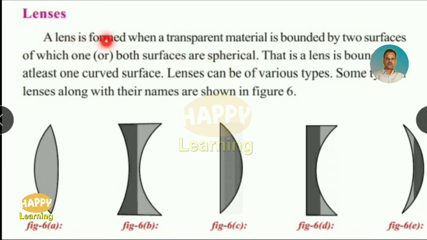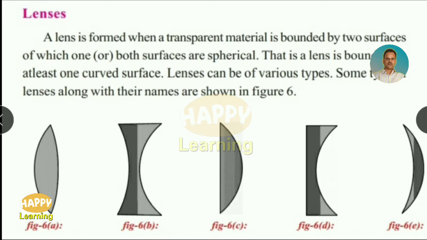To form a lens, you need a transparent material bounded by two surfaces, of which one or both surfaces are spherical.